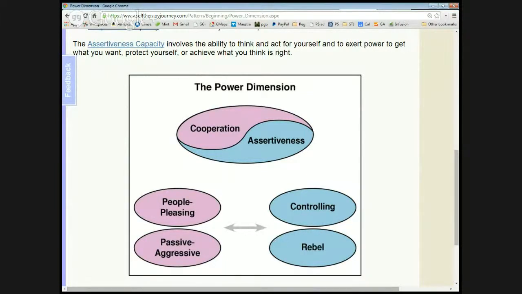So let's see. Let me go back to here and see if I've got any more questions. Okay. Can I use this approach to work on not knowing what to do with my life or what's important to me? Well, that would probably be in the accomplishment dimension. Let me just go see.